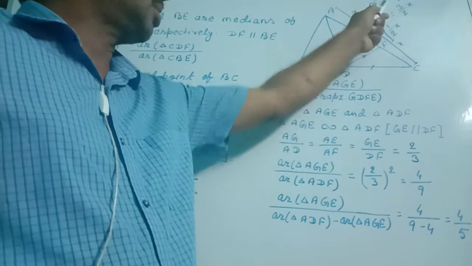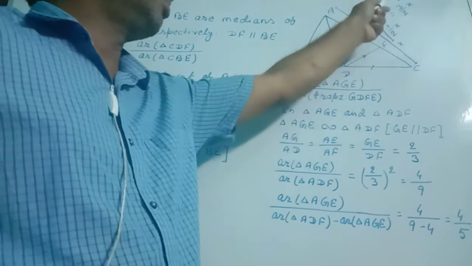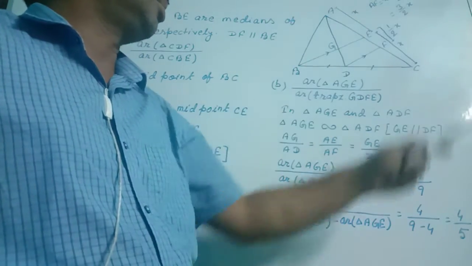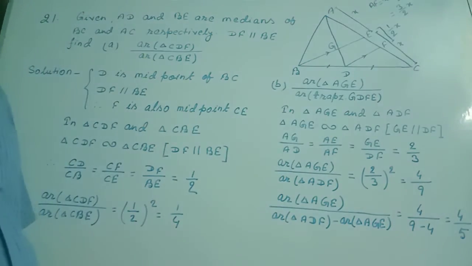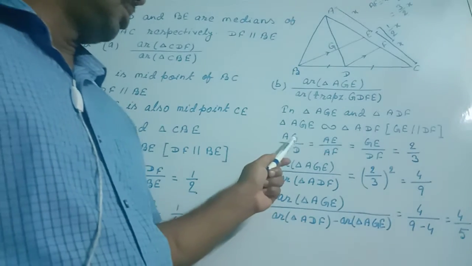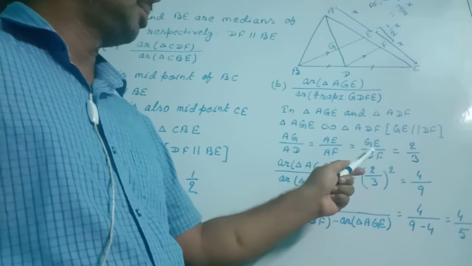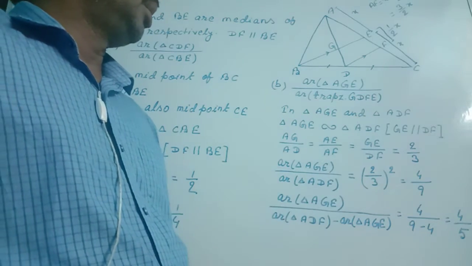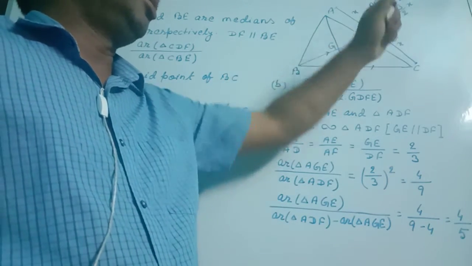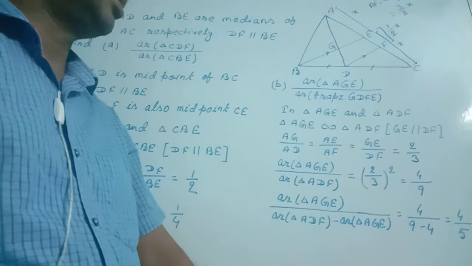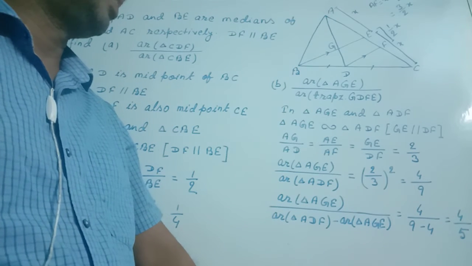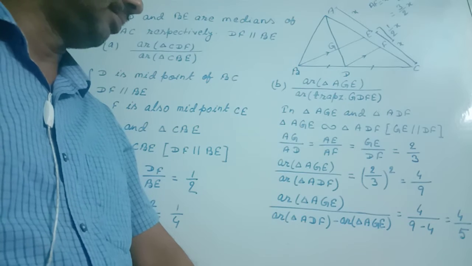AE is x and EF is 1 by 2x. I added, I got 3 by 2x. So here AG by AD equal to AE by AF equal to GE by DF will be equal to x by 3 by 2x. X has cancelled, 2 will go up, that will be equal to 2 by 3.